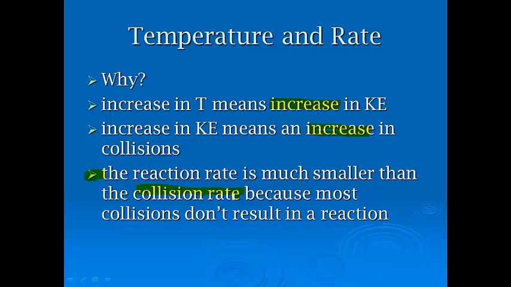So the collision rate's always going to be higher than what actually connects and causes a chemical reaction, but they still are related, because if you increase the temperature, you're going to increase the kinetic energy and the collisions. But the number of times those collisions go right, which is the reaction rate, is still smaller than the total number of times that things bump into each other.